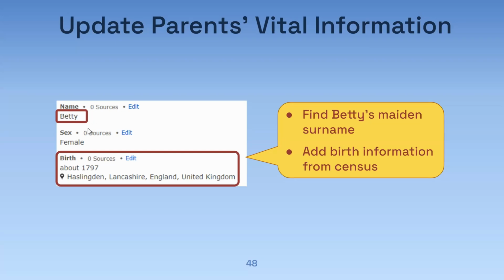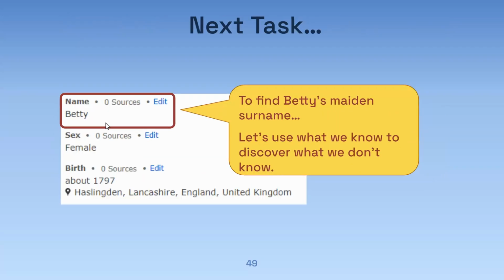But there's a lot of information about this family in historical records, so probably it's not going to be too hard to find her maiden surname. Let's take a look at how we could do that. We're going to use the wonderful principle of using what we know to discover what we don't know.